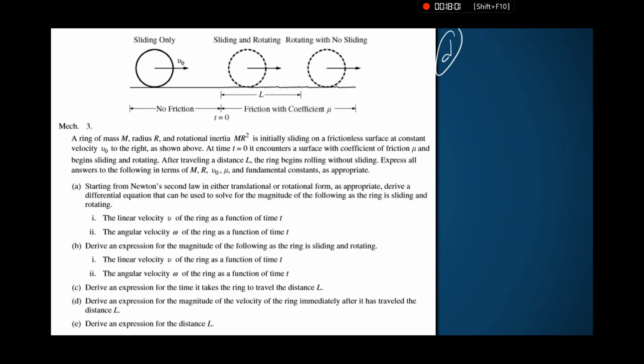Then we're looking for D. Derive an expression for the magnitude of the velocity immediately after it traveled the distance L. Okay, so we had from the last one, our time was V naught over 2 mu g. Is there any equation that we could use to find the magnitude of the velocity after L?